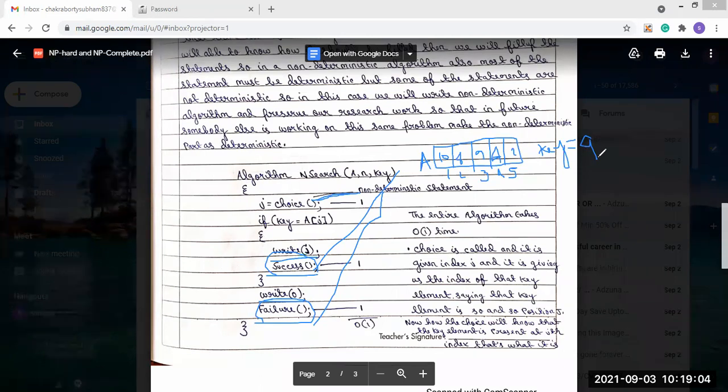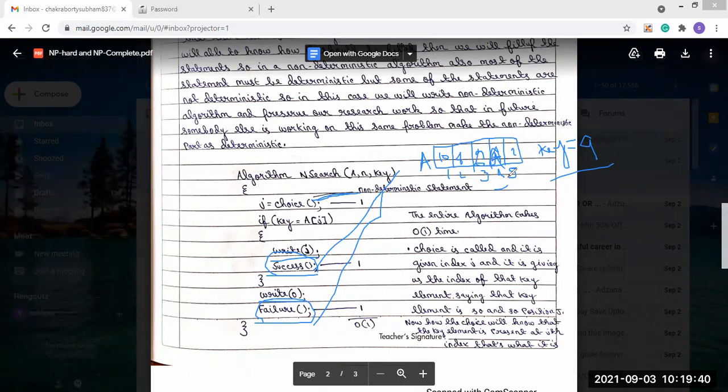But here, we are saying that without using any logic, it will say that the key element is present at index 4. Directly, without using any logic, we will say that the key element is present at the 4th index.